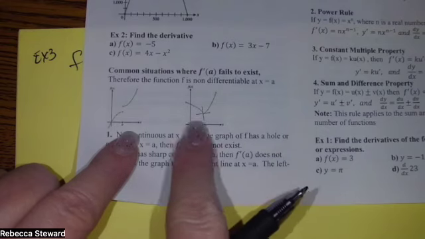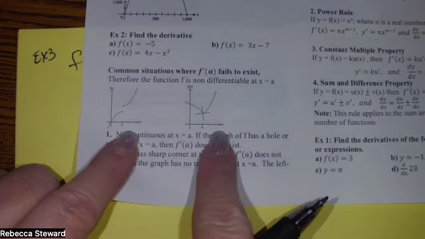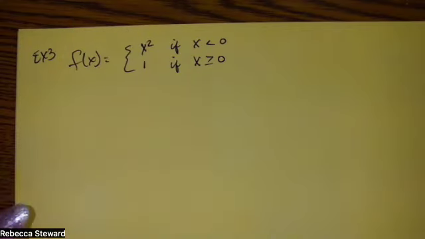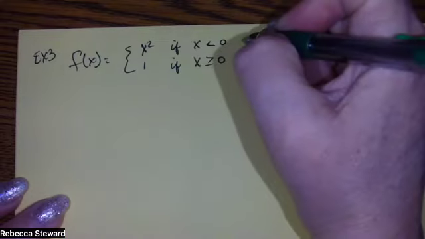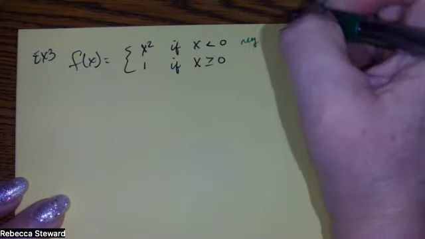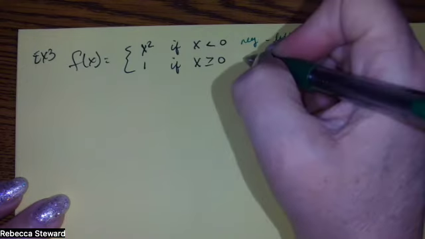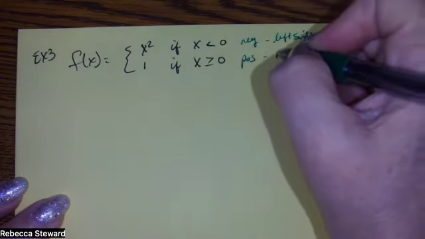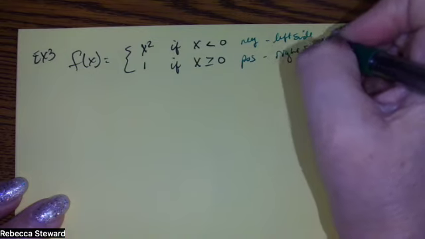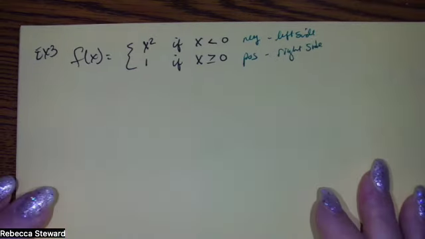Positives are going to be on that side. So this will be the left side of the graph and the right side of the graph. I want to point that out to you so that you're making those connections. So this will be where it's negative, which will tell us this will be the left side. And these are going to be positive, so it will be on the right side of your graph.